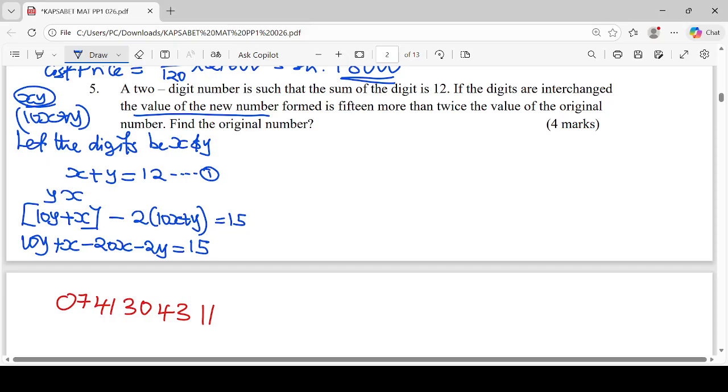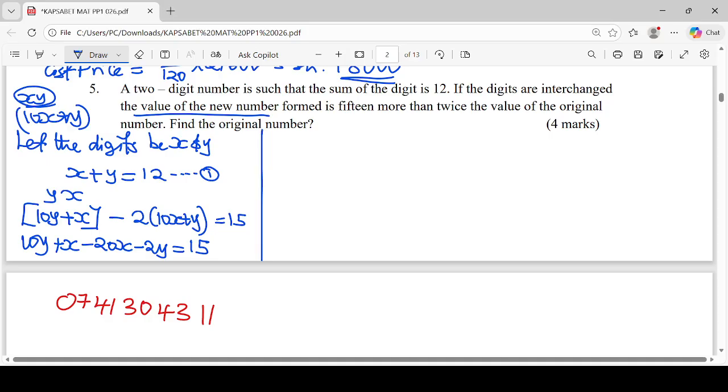As we are breaking it down, you need to understand that collection of like terms is very important in such a question.